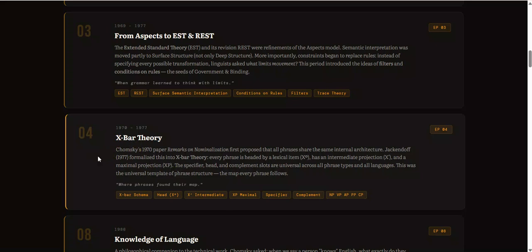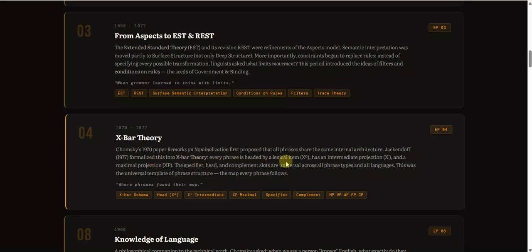It was introduced in Chomsky's 1970 paper, Remarks on Nominalization, in which it was first proposed that all phrases share the same internal architecture. Jackendoff in 1977 formalized this into X-bar theory.